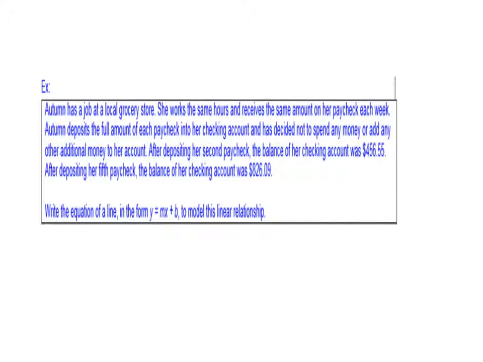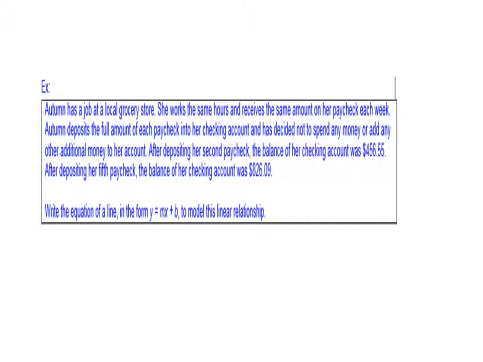Autumn has a job at a local grocery. She works the same hours and receives the same amount on her paycheck each week. Autumn deposited the full amount of each paycheck into her checking account and had decided not to spend any money or add any other additional money to her account.